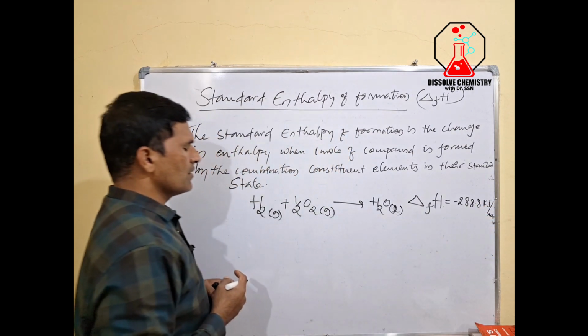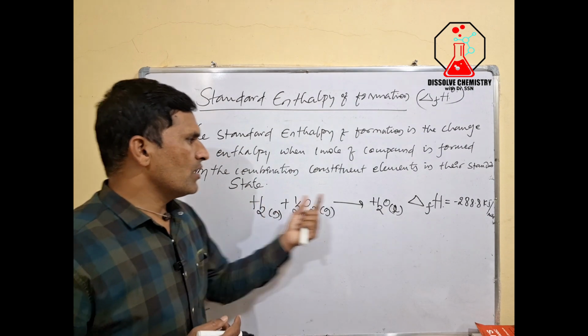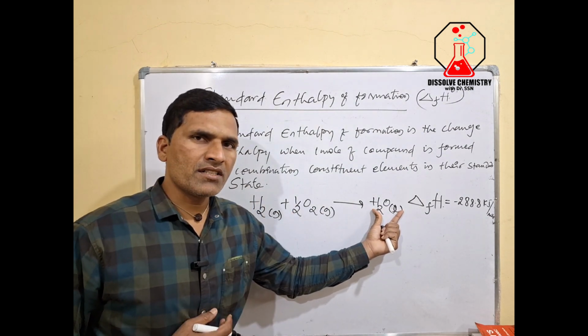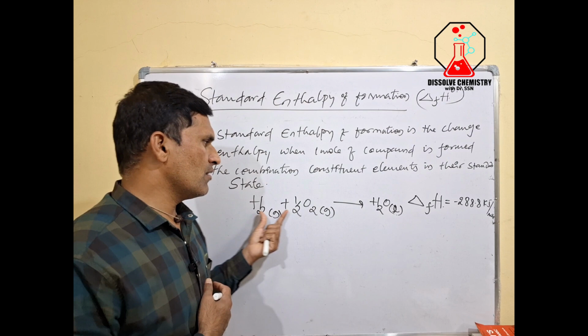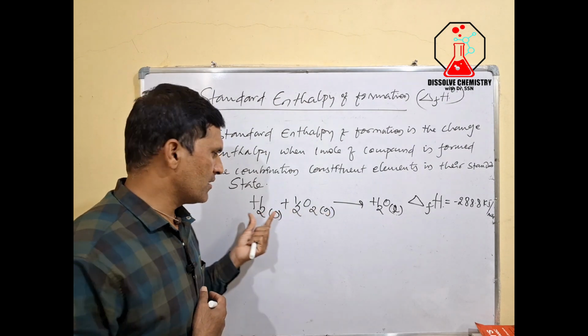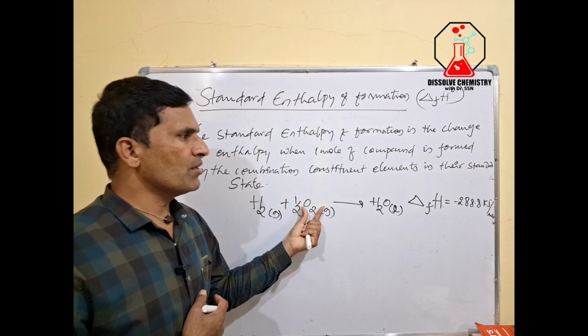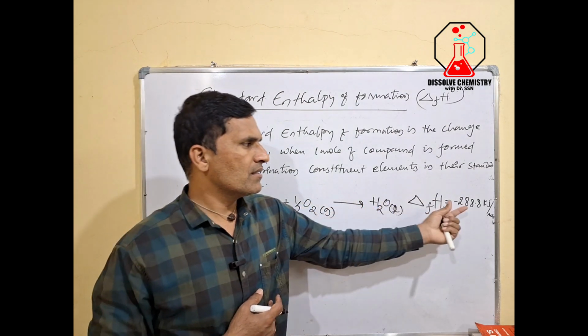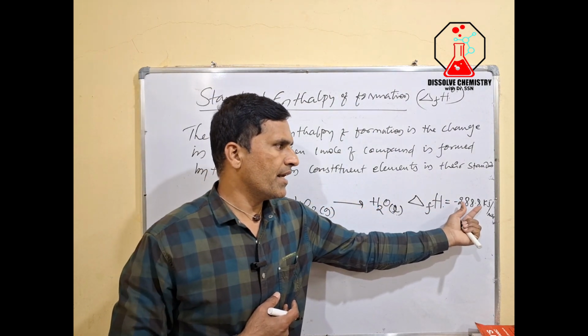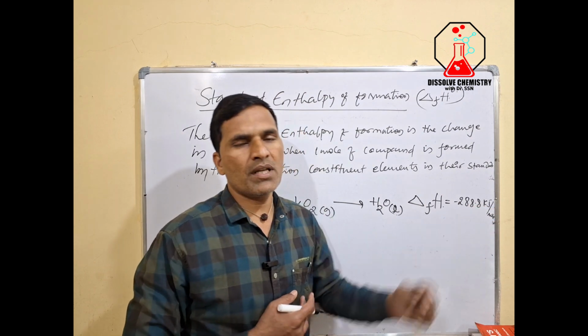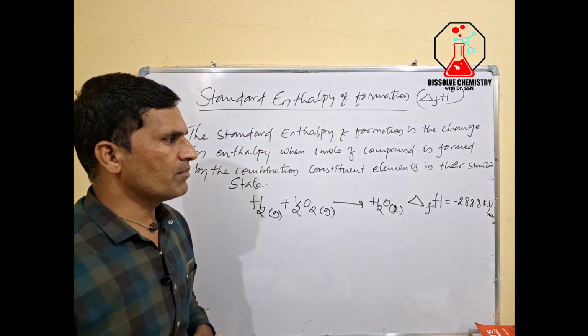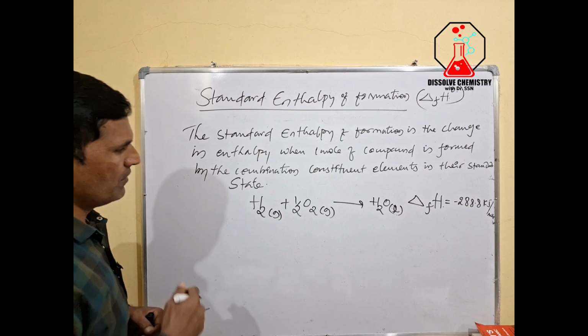What does it mean? When 1 mole of liquid water is formed by the combination of its constituent elements, hydrogen and oxygen, in 1:1/2 ratio, then the amount of energy released will be 288.8 kilojoules per mole. So that is the enthalpy of formation of water.